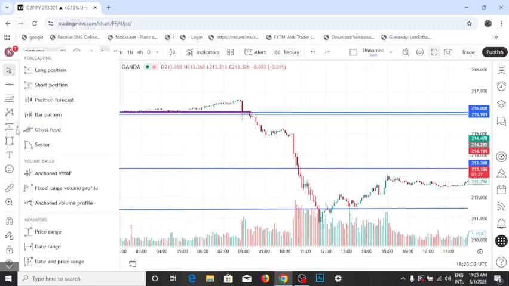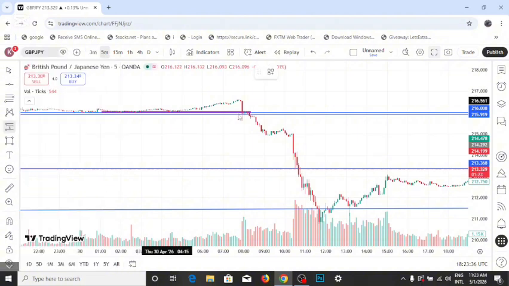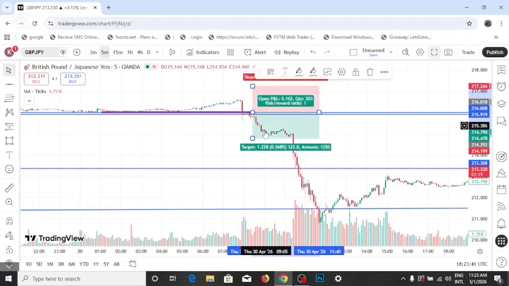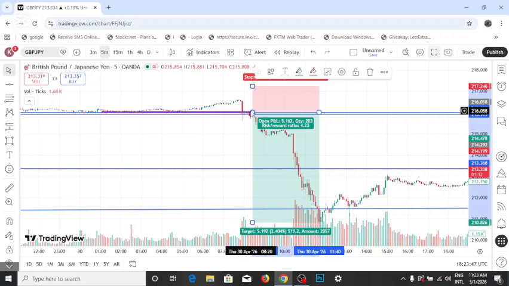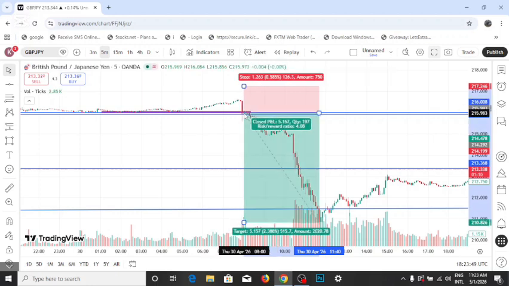So I'm going to mark my short position because we're supposed to go in on a sell. Obviously once you get to that liquidity zone and it has swept through, you go in on a sell and mark your short position. Now you can see I mark my TP level all the way down there.